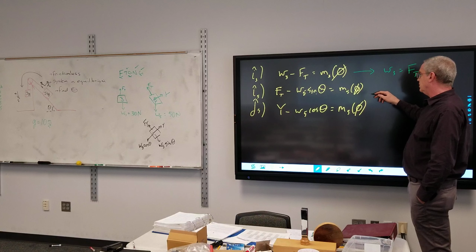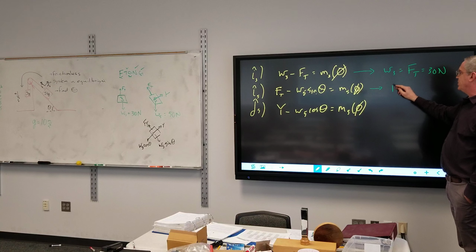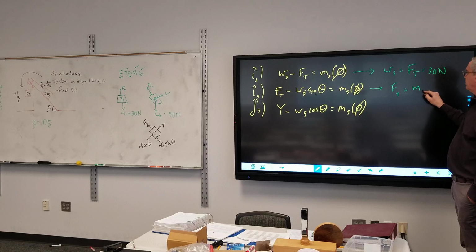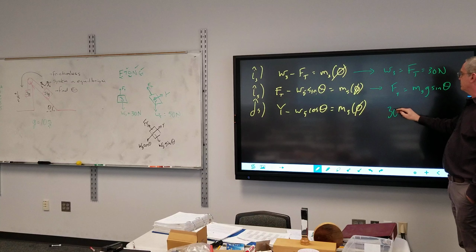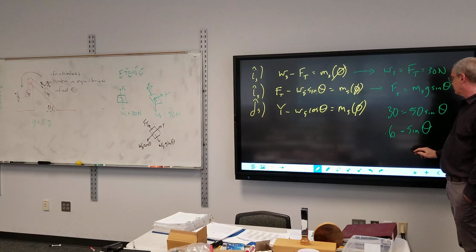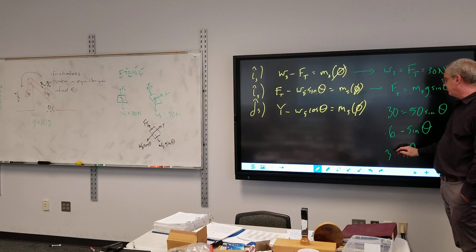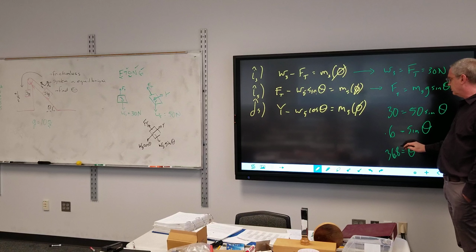And then in this equation here, we have the tension is equal to M5 g sine theta. So we have 30 is equal to 50 sine theta. Sine theta is equal to 0.6. Theta equals 36.87 degrees.